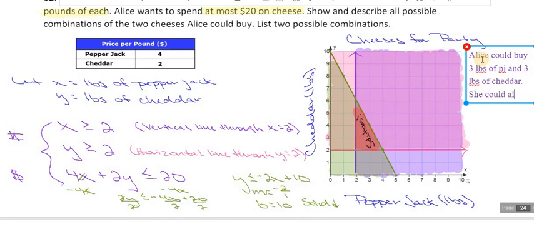She could also buy 4 pounds of pepper jack and 2 pounds of cheddar, because that ordered pair occurs on the boundary lines, and those boundary lines are solid.